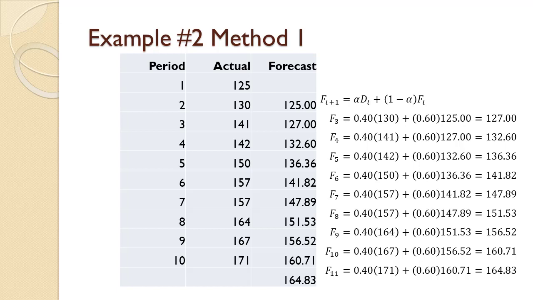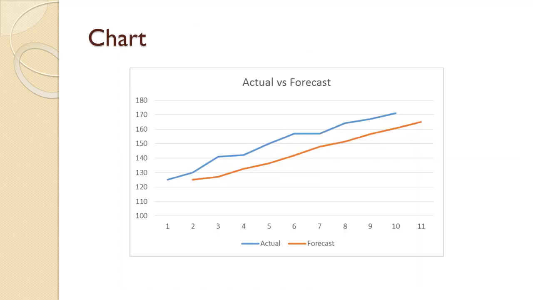F10 equals 0.40 times 167 plus 0.60 times 156.52, which equals 160.71. F11 equals 0.40 times 171 plus 0.60 times 160.71, which equals 164.83. The chart on the slide shows the actual data in blue and the forecast in orange.